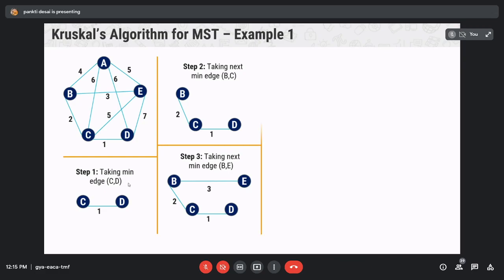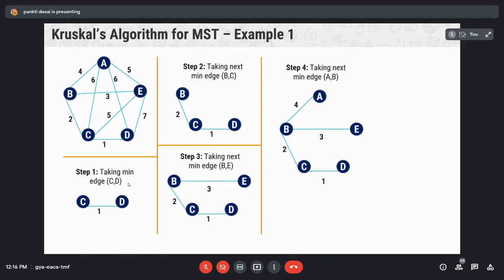Now next is AB, right? Because AB has weight 4, right? Then next AE, right? Next edge is AE because AE has weight 5.